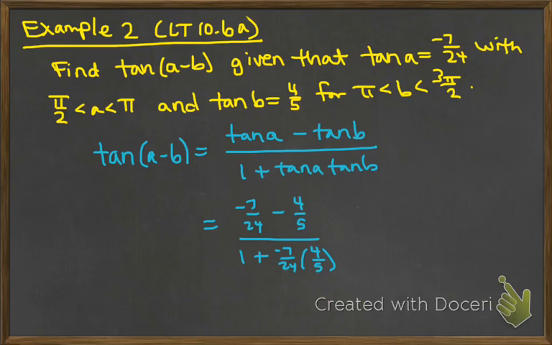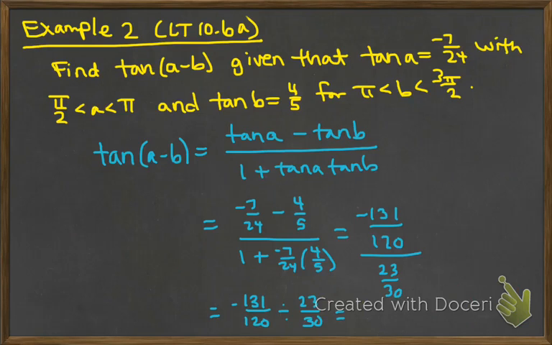So now it's just a matter of simplifying that. When I subtract the tops, get that common denominator, I get a negative 131 over 120. And then I'm dividing that by, when I combine those, I get 23/30. So now remember, that's the same thing as saying negative 131 over 120 divided by 23/30.